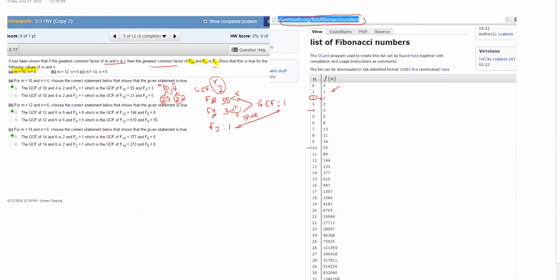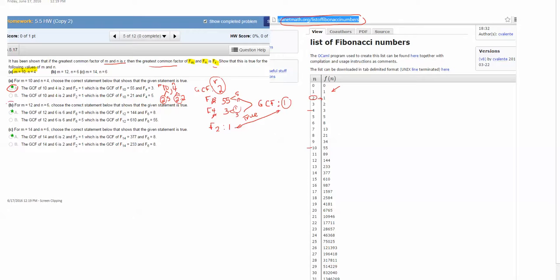So the GCF of the Fibonacci numbers is 1, and that is equivalent to the number that I get when I go to the position where r is the GCF of the original two numbers. So you would select A: GCF of 10 and 4 is 2, and f sub 2 equals 1, which is the GCF of f sub 10 equals 55 and f sub 4 equals 3.